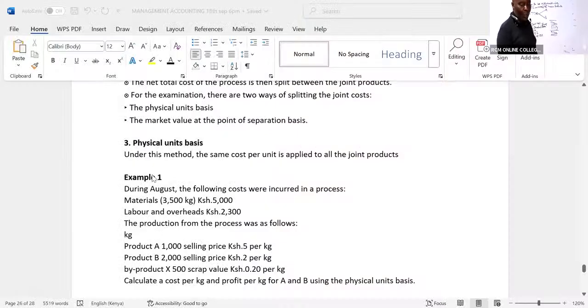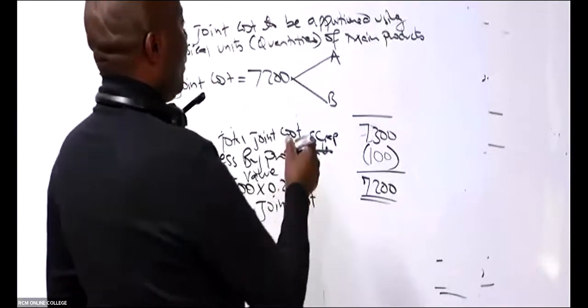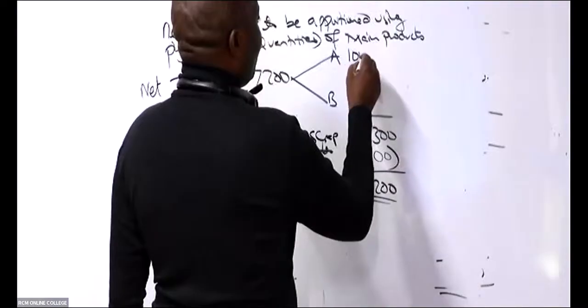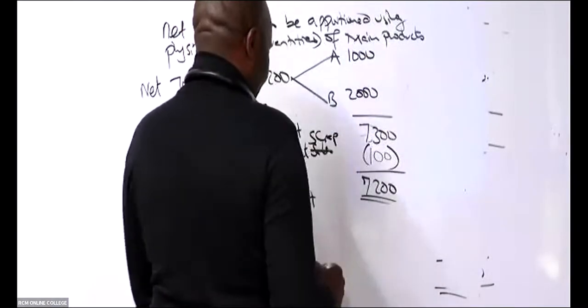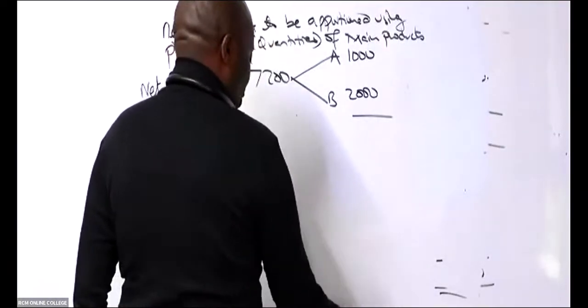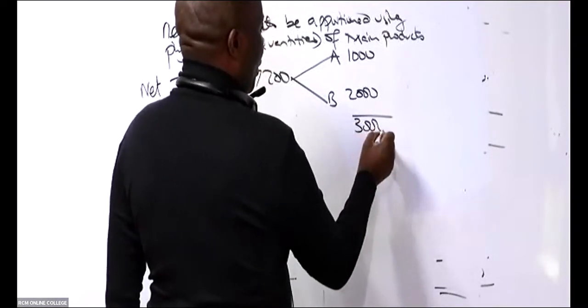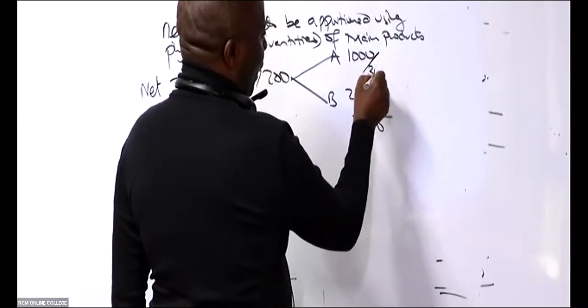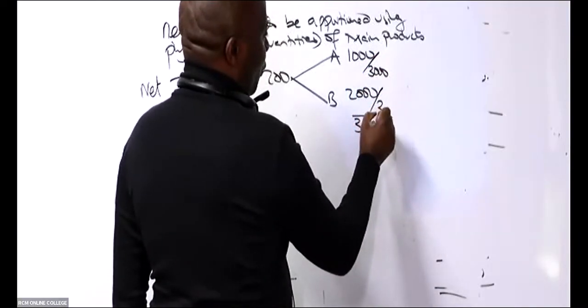Yes. On a physical units basis, product A is 1,000 kilograms and B is 2,000 kilograms. If you add the two, you will get 3,000. So proportion wise, this will be 1,000 over 3,000 and 2,000 over 3,000.